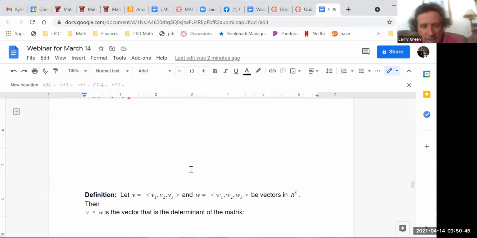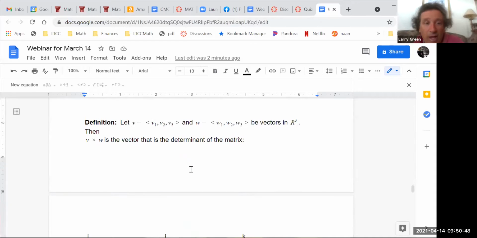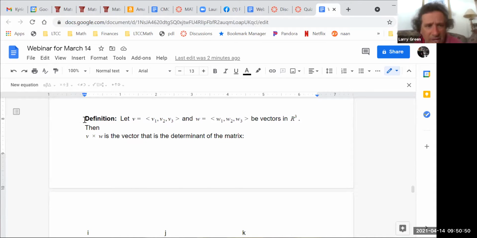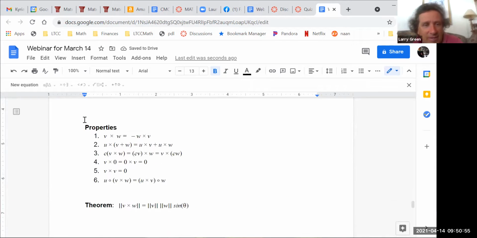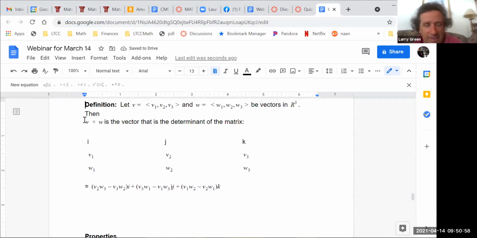So I want to move on and get into cross products. As I mentioned, the big issue with dot products is you take two vectors and you don't get a vector, you get a number. You'd rather get a vector. If you happen to be in R3, then we can actually take two vectors and get a vector. So here's a big definition. Let V equal the vector (V1, V2, V3), and W be the vector (W1, W2, W3).